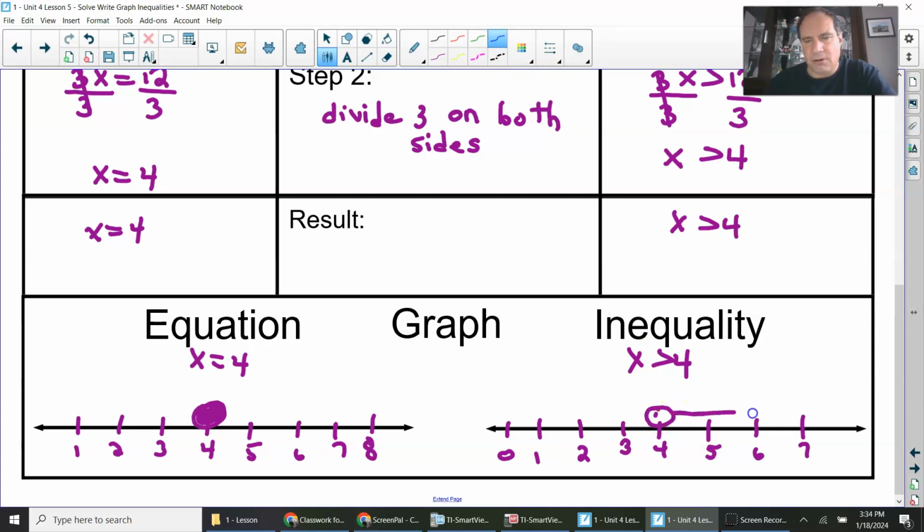I'm just going to leave it open, and greater than is going to the right. So you circle right above the 4, leave the circle open, don't shade it in, and then go to the right because x is greater than 4.